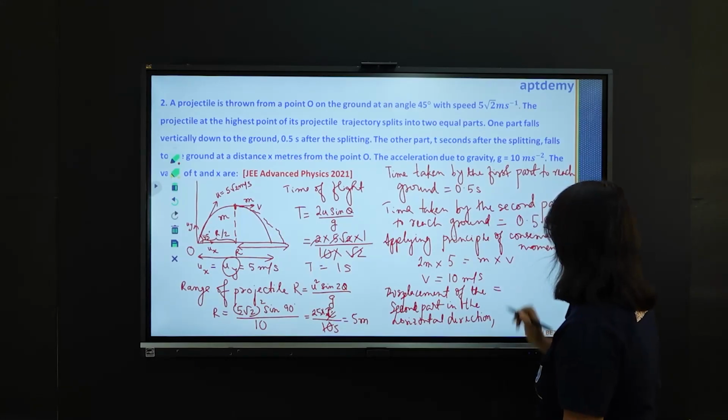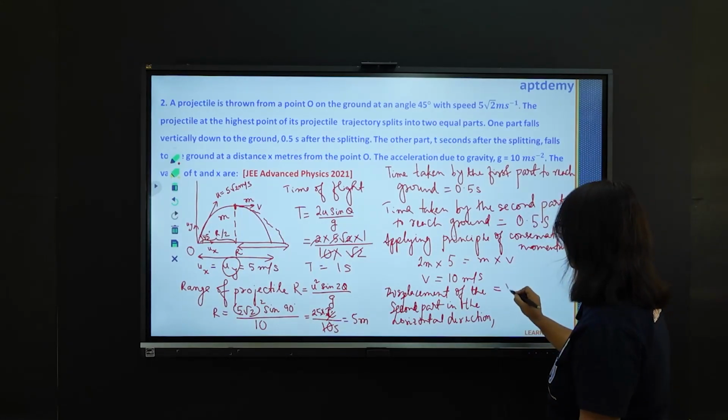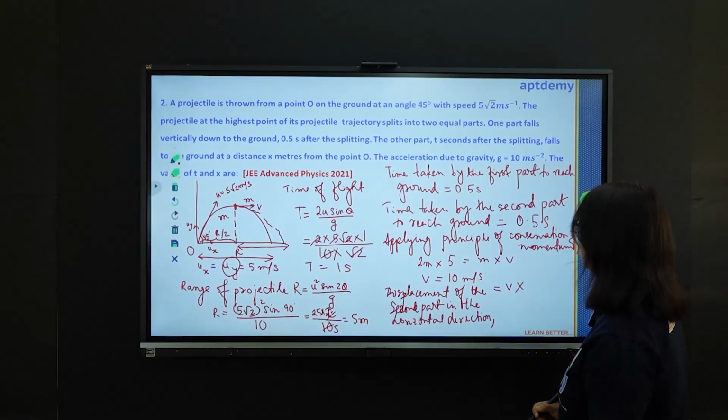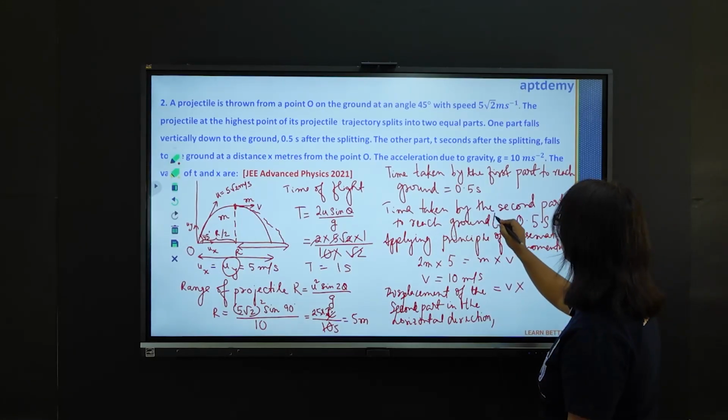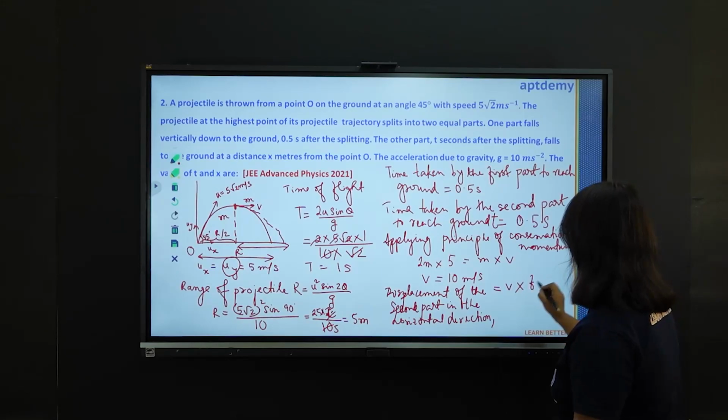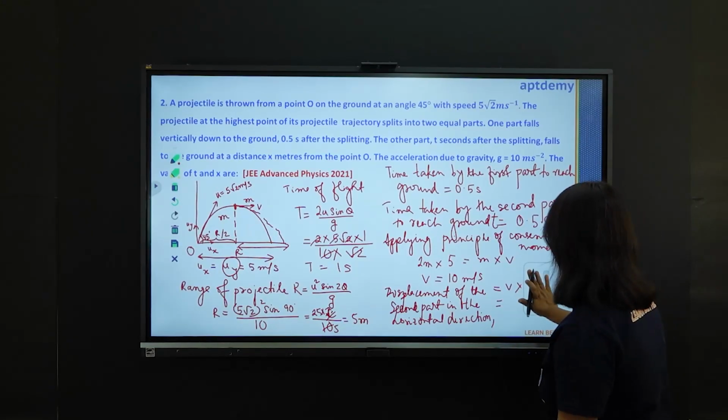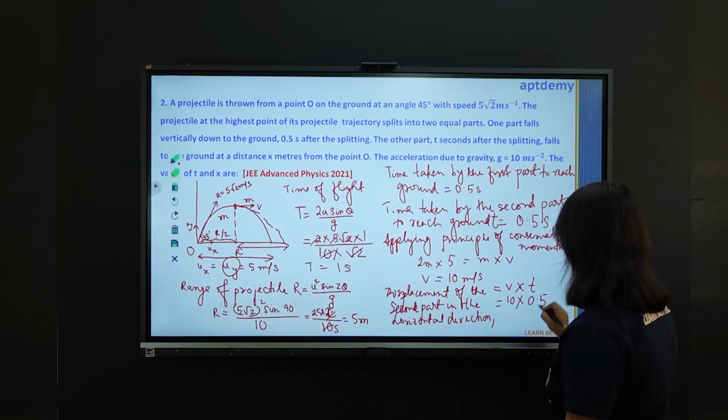This displacement will be equal to the speed of the second part multiplied by the time taken by the second part to reach the ground. Let us assume this time to be little t. So v is 10 and t is 0.5, so the displacement will be 5 meters.